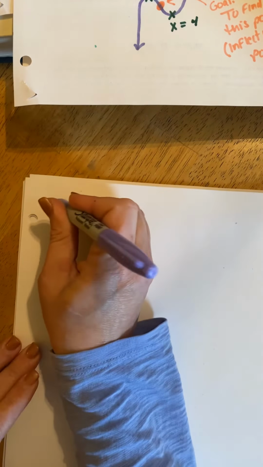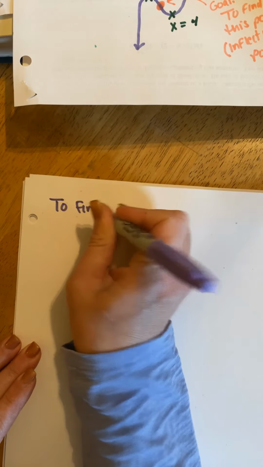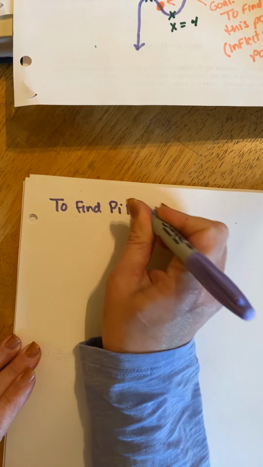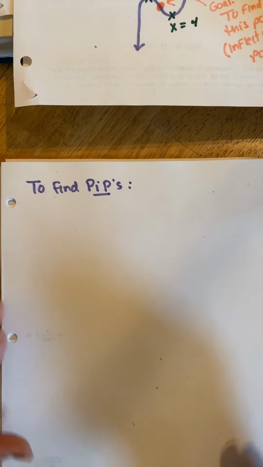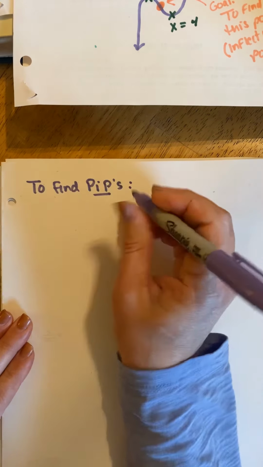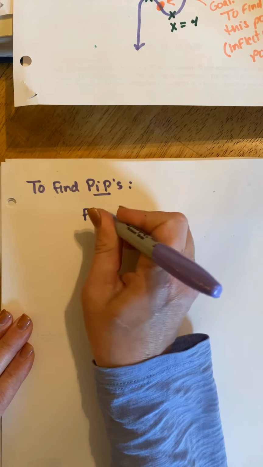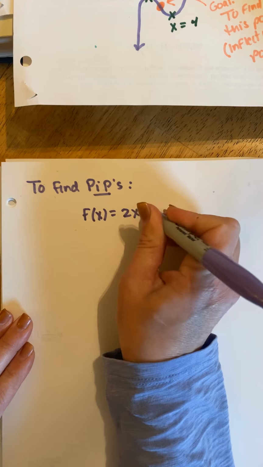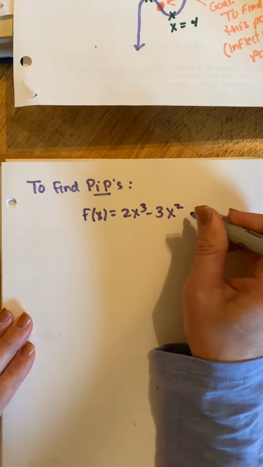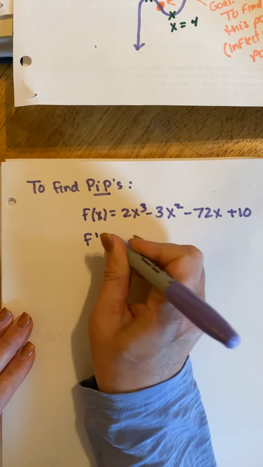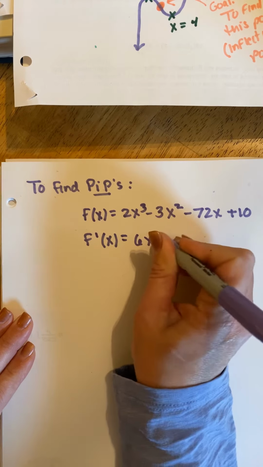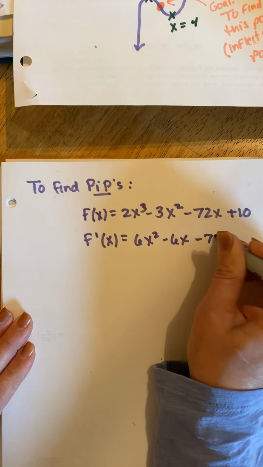So to find potential inflection points, they may not be actual inflection points, but to find potential inflection points, we take the second derivative. So we know the original function was 2x cubed minus 3x squared minus 72x plus 10. We found the first derivative to be 6x squared minus 6x minus 72.